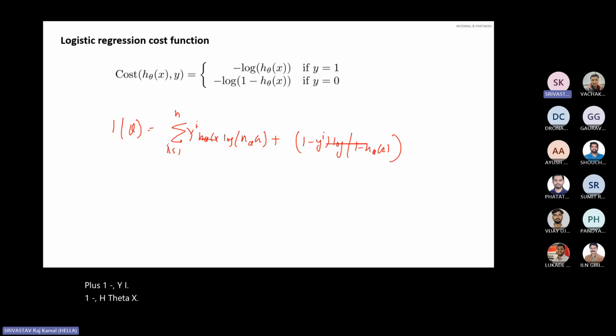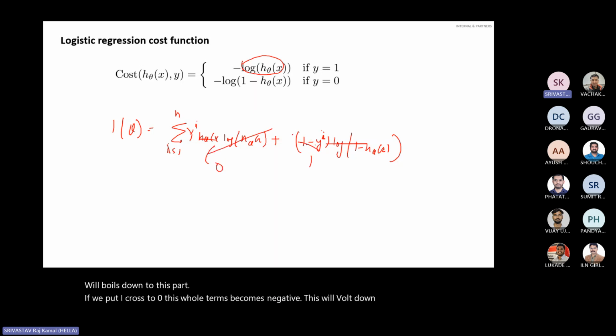Now if we put y equals 1 here, this whole term boils down to this part. If we put y equals 0, this whole term becomes negative. This will boil down to 1 minus 0, which is 1, times log of this term.